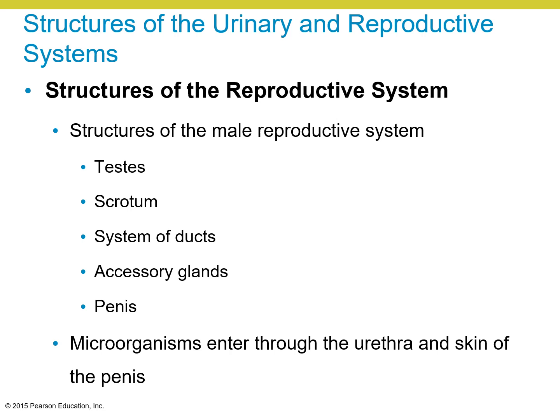All right, when it comes to the structures of the male reproductive system, the anatomy consists of 2 testes, or testicles, which are located in the external pouch, or scrotum, and a system of ducts, accessory glands, and the genital organ, the penis.